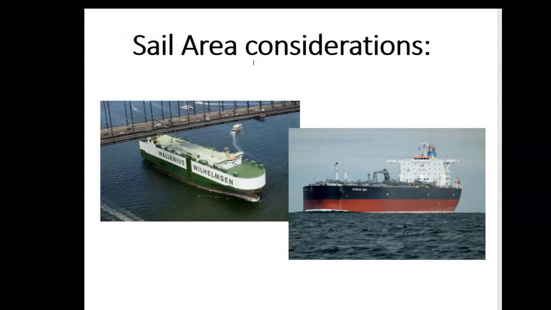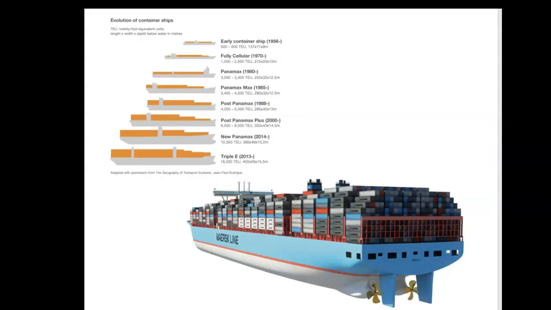All right, now, before we start to apply that, let's talk about sail area. Let's talk about that windage. That means the same thing. So we got this car carrier, Wallenius Lines, and we've got a tanker here that's in a ballast condition, a lot of freeboard. That tanker could be in a low condition, and you wouldn't have as much freeboard. You wouldn't have as much windage area. And then we go to a container ship, a Triple E class.